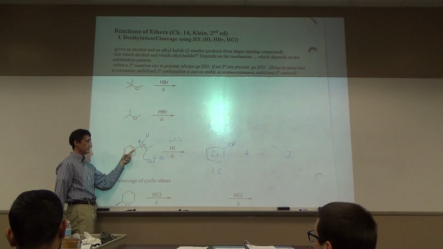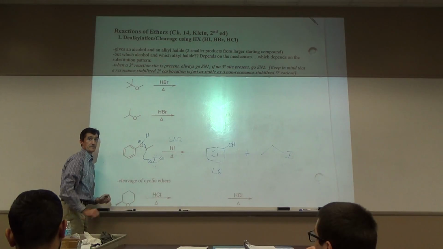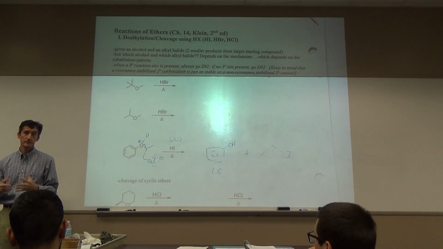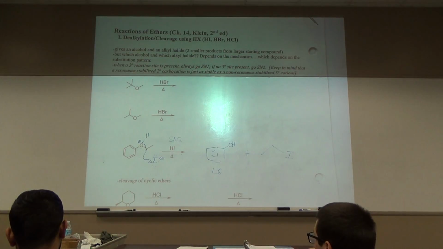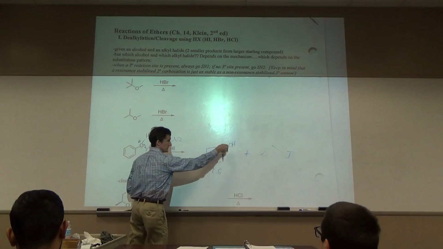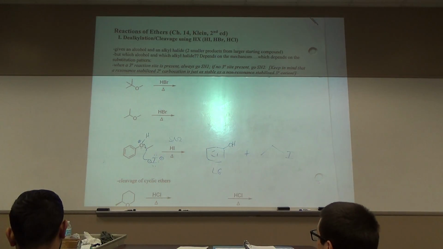Basically, sp2, forget about it. There's only one choice here. And indeed it's SN2, because you would never make a primary carbocation. Indeed, this is a common way to cleave aromatic ethers to create a phenol. I minus is a good nucleophile. That's a standard ether cleavage. Looks pretty straightforward.